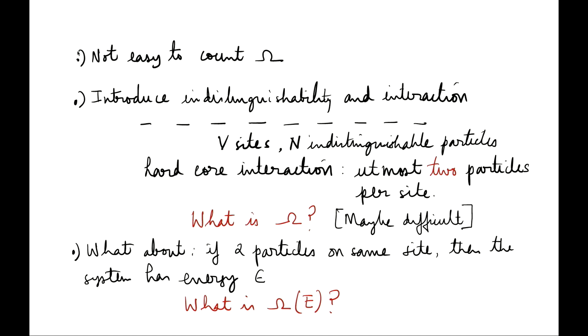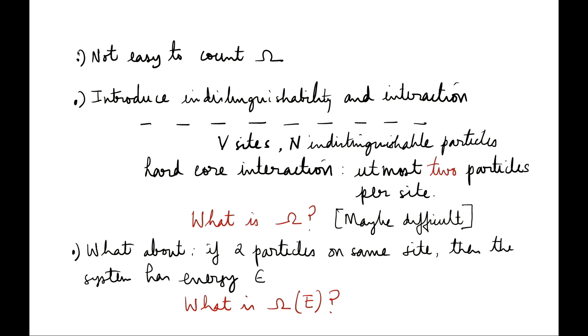So there is a configuration. Let me draw some configurations. One of them is like this: there are three particles, 1, 2, 3. In another one, it is like this. And the third one, let's say it is like that.